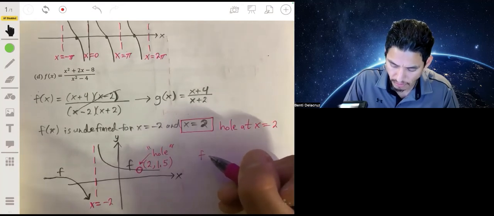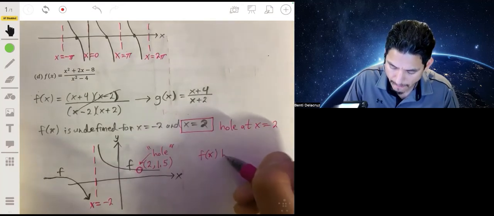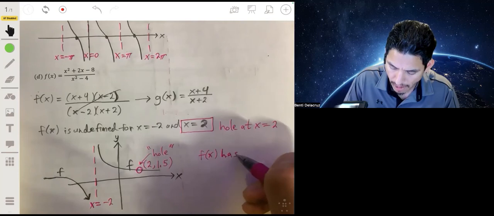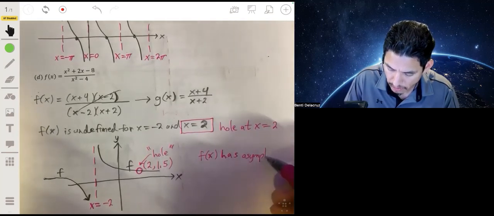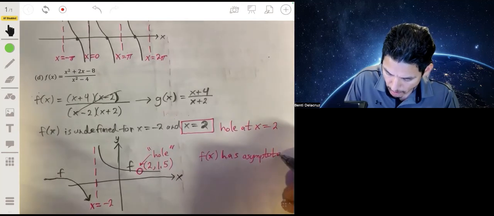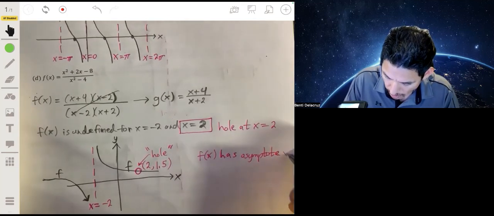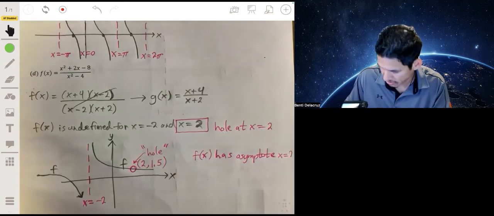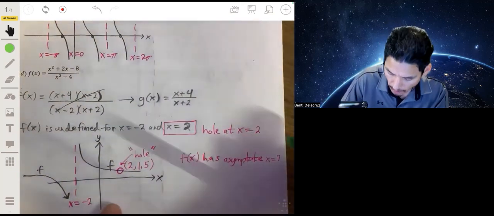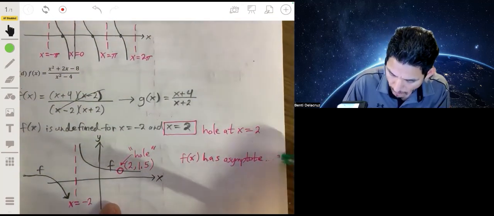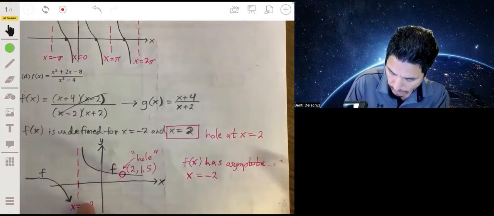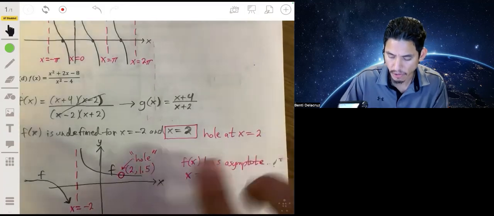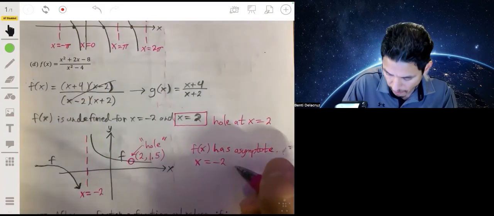So let's write this formally. f of x has an asymptote at x equals negative 2, and it has a hole at (2, 1.5).